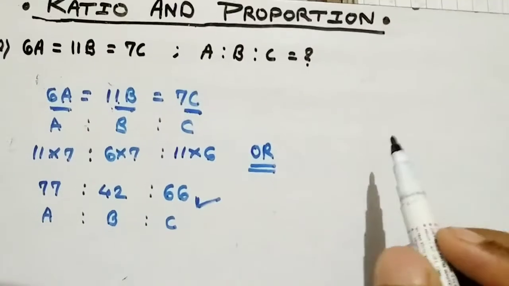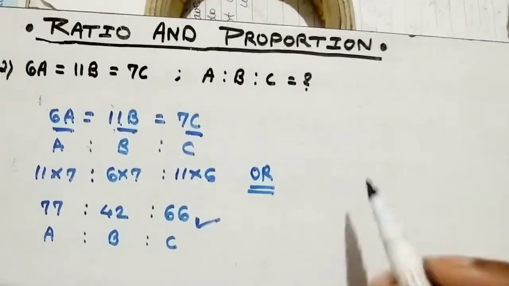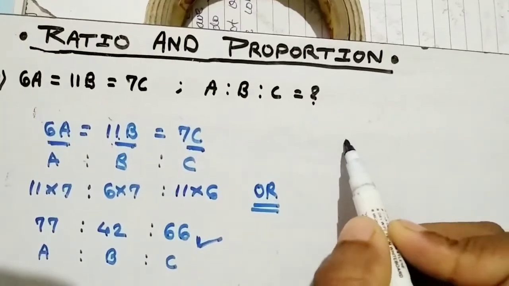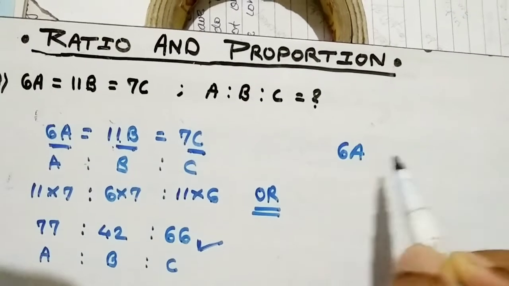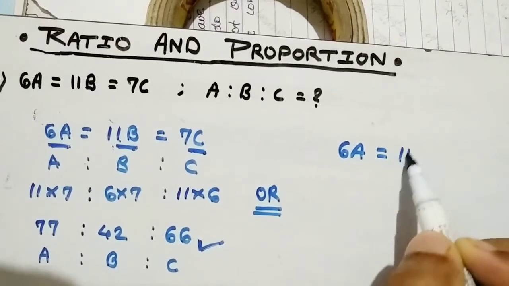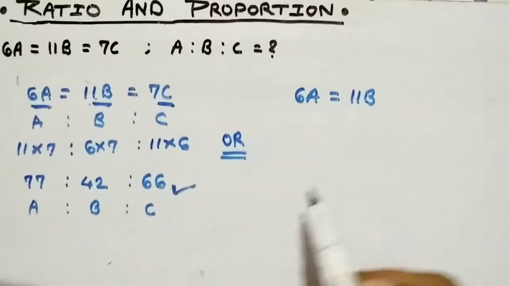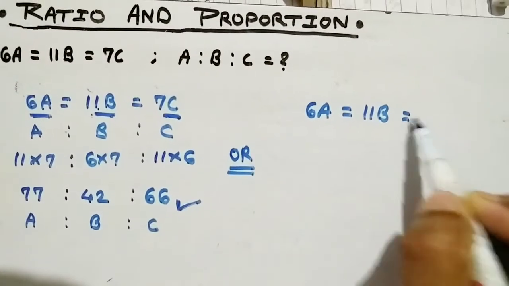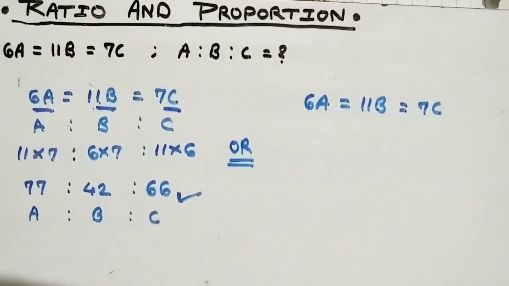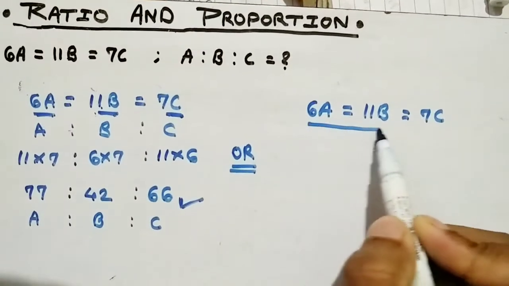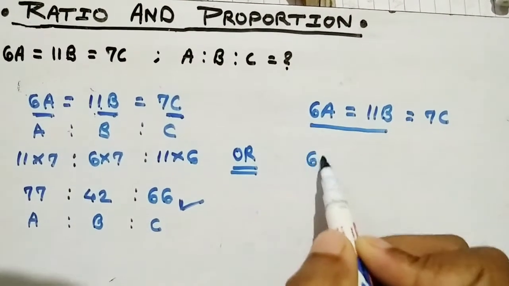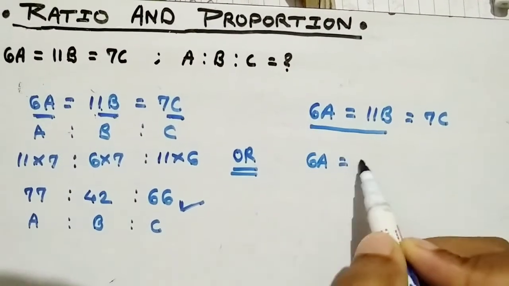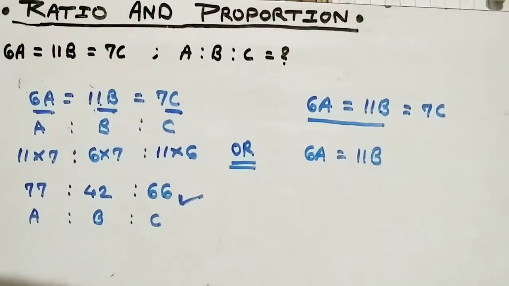Okay, so we discuss also that 6a is equal to 11b is equal to 7c. Firstly we compare two terms, that is 6a is equal to 11b.